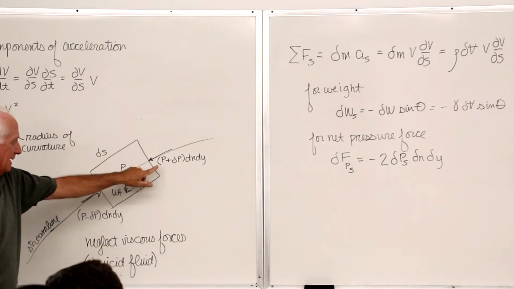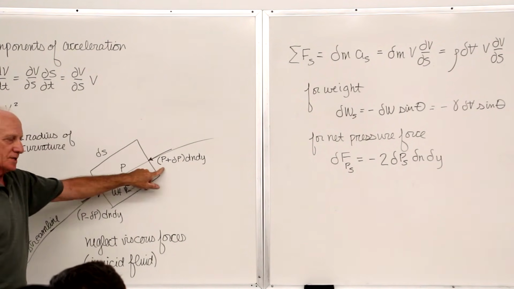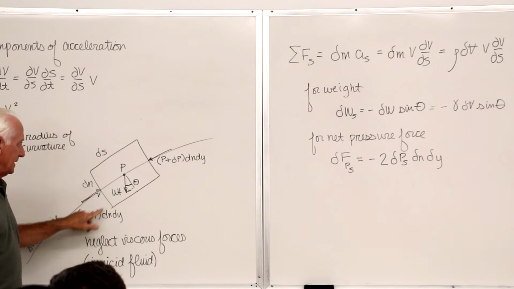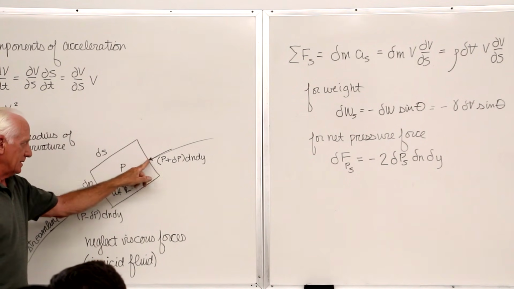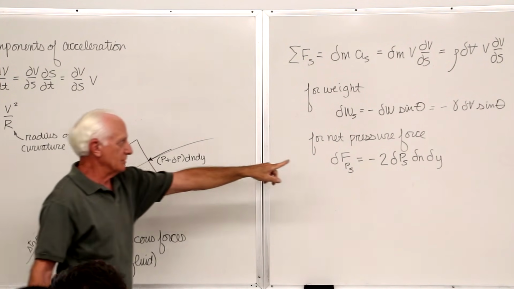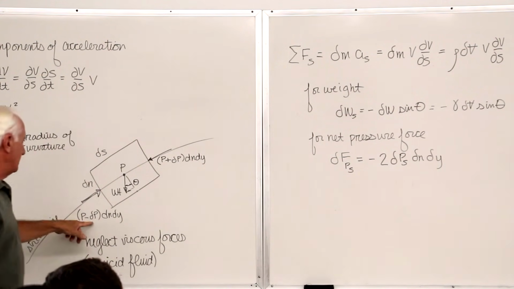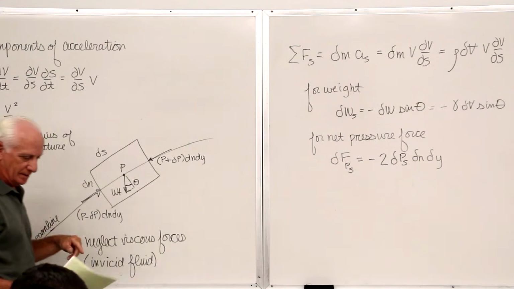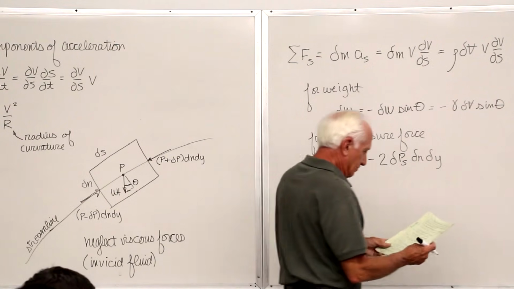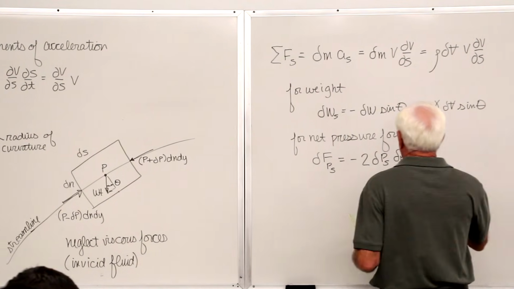The p's cancel out, plus p minus p. Minus delta p minus delta p is minus 2 delta p. Yes, that delta p again just means in the S direction. You don't need to keep that subscript on there.